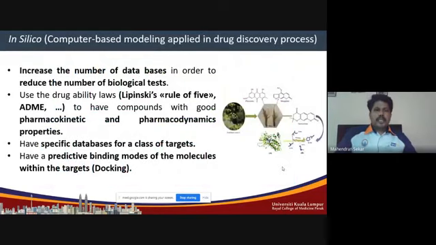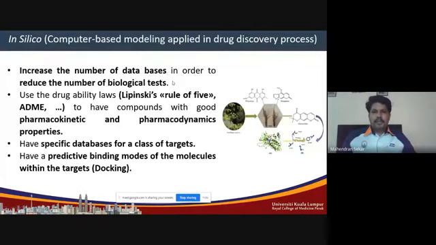So this is something like computer-based modeling applied in the drug discovery process. Here we increase the number of databases in order to reduce the number of biological tests. And we use the drug-ability law, the Lipinski rule of 5. Everybody knows this.